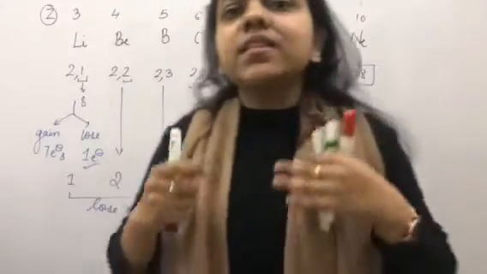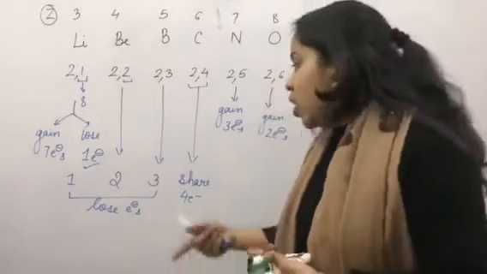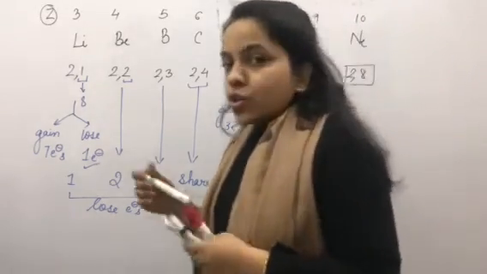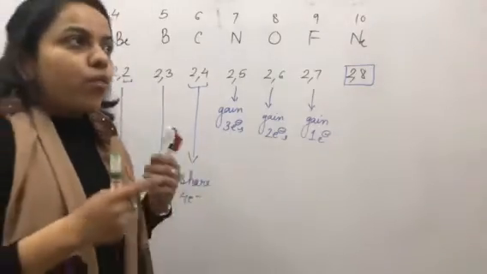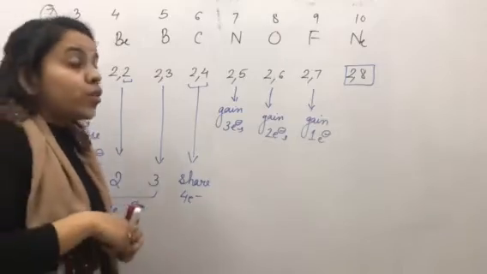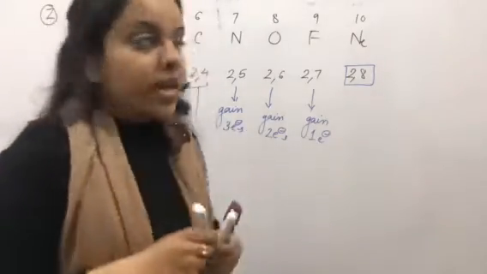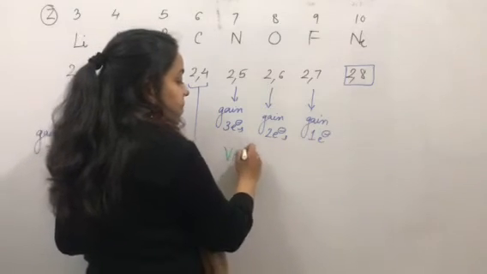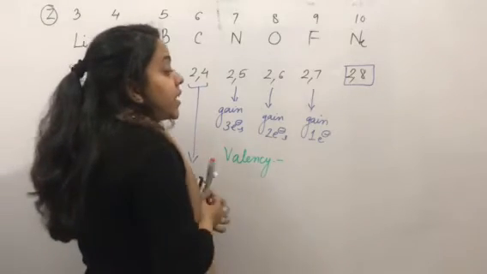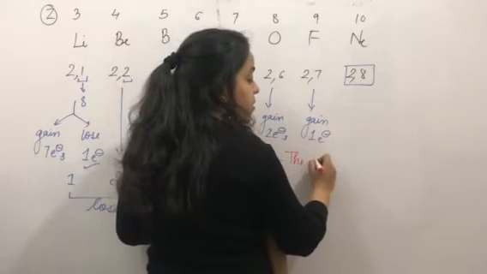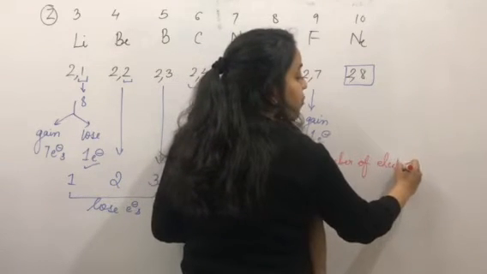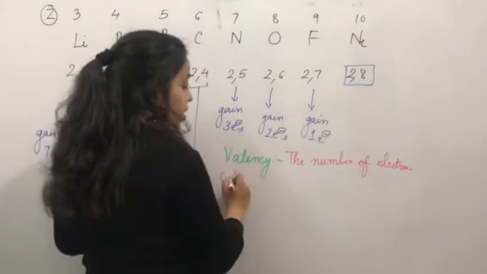So what we have seen is that atoms can lose, gain or share electrons in order to attain stability. The requirement of losing, gaining or sharing electrons is different for each atom. So what do we call this in chemistry? We call this valency. What is valency?